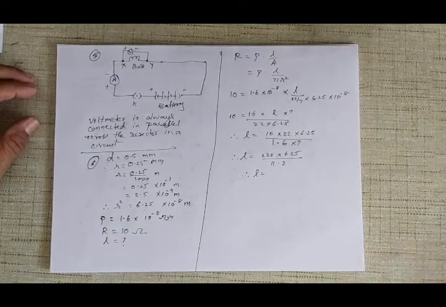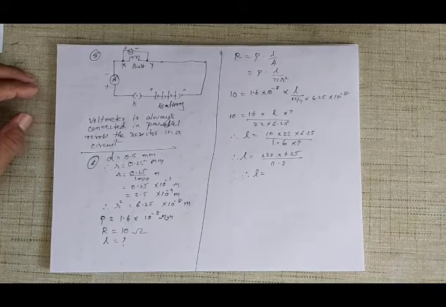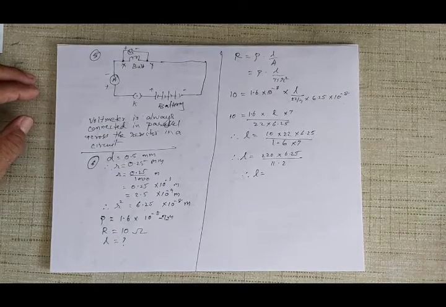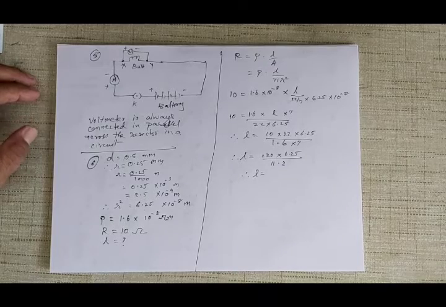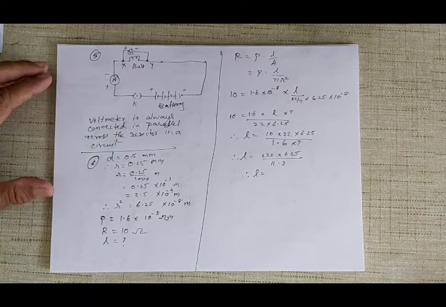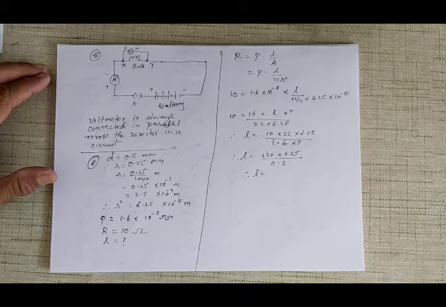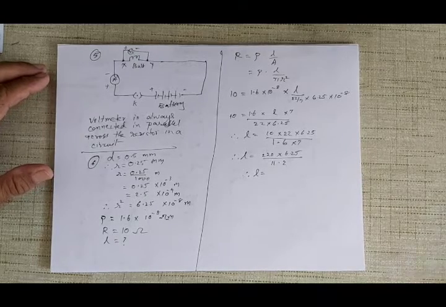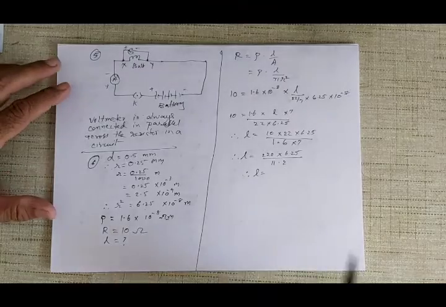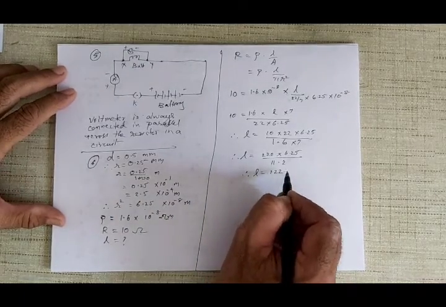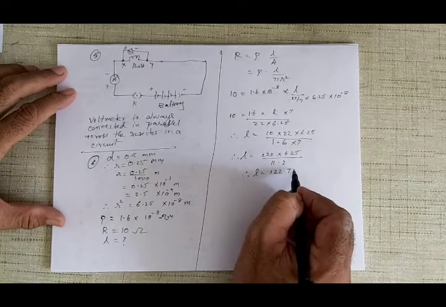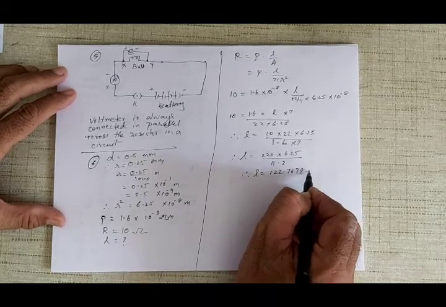Okay, so the length of the wire, now all you have to do is find out by multiplying and dividing. Okay, so 220 multiplied by 6.25 is equal to 1375, divided by 11.2 gives you 122.7678, so many meters.